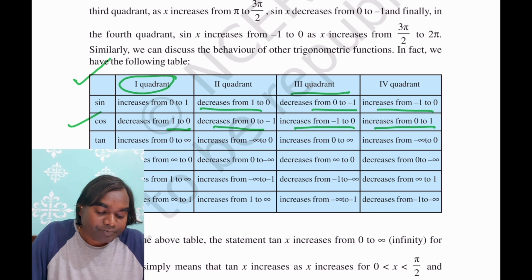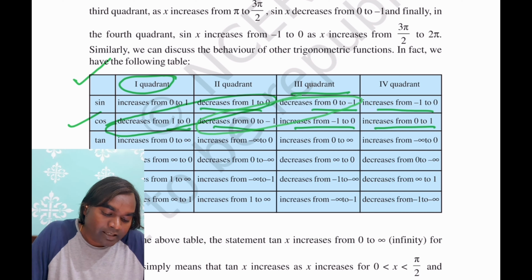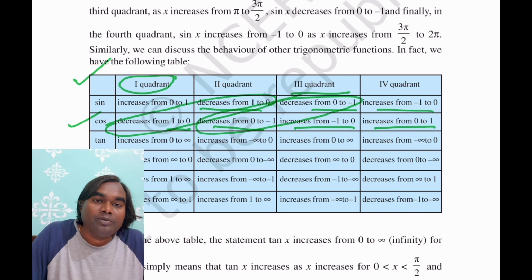So it is pi by 2 out of phase with sin, because you know the values of cos x and sin x match like this. You can check this. It is always a pi by 2 phase difference.